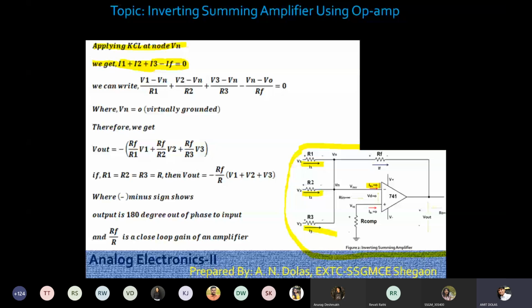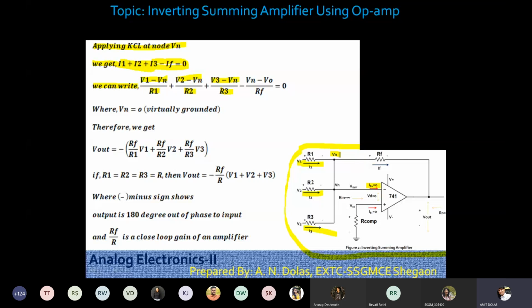We can write these currents in the form of voltages and resistance, of course by Ohm's law. So V1 minus Vn divided by R1 is I1. Similarly, V2 minus Vn divided by R2 is I2. V3 minus Vn divided by R3 is I3, minus IF.